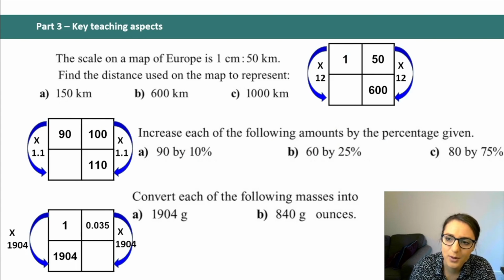So then we started moving on to thinking about using ratio tables in contexts which are not labelled as ratio, but actually are connected by this same underlying proportional mathematical structure. So there's a maps and scaling question, there's increasing by a percentage and converting between units, all of which can be represented.